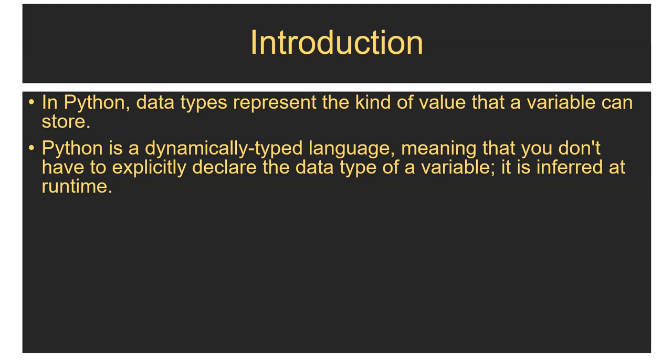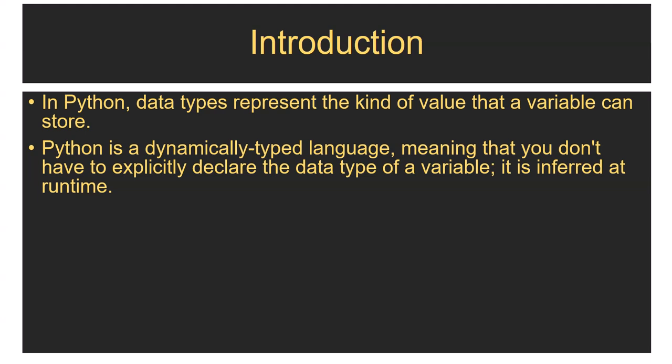That is the same thing we are referring to here. Python is a dynamically typed language. At runtime, the data type of the variable is inferred. That means the burden of explicitly declaring the data type of a variable is not upon the programmer.